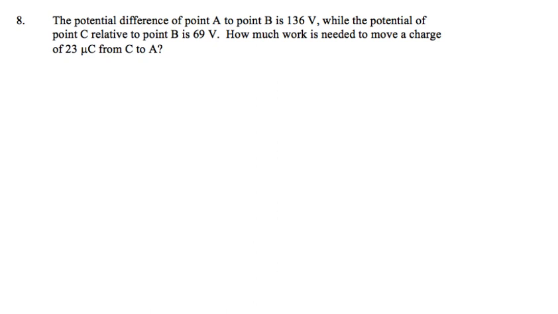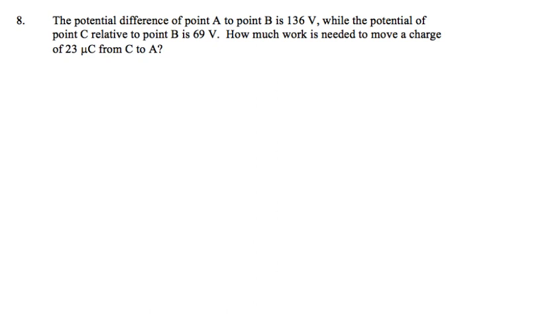Three possibilities. I'm going to show you three possibilities when you're looking at potential difference and you're saying relative. So let's say in this problem, it says the potential difference of A to B is 136.